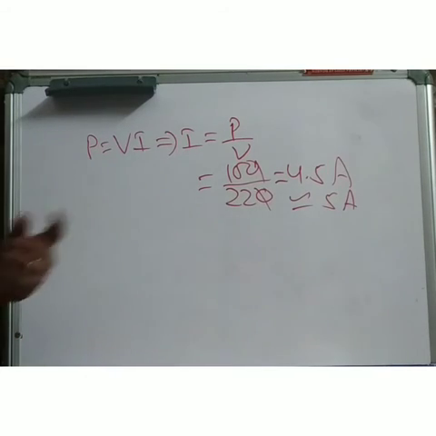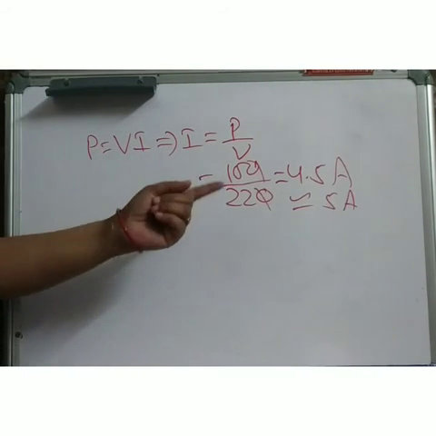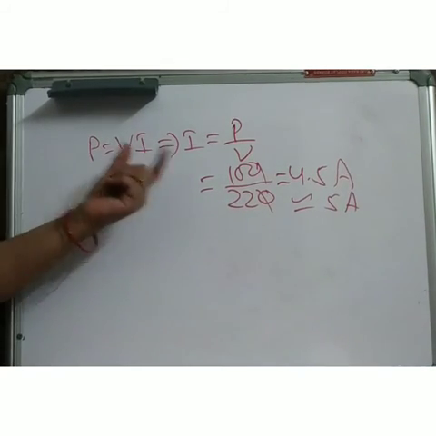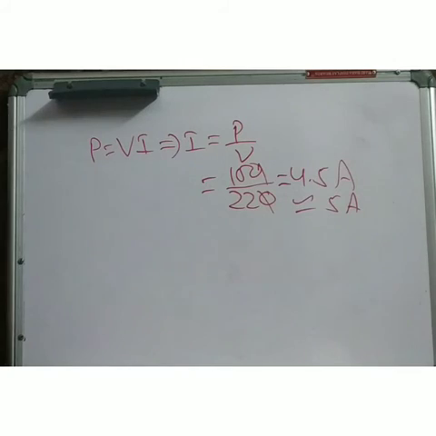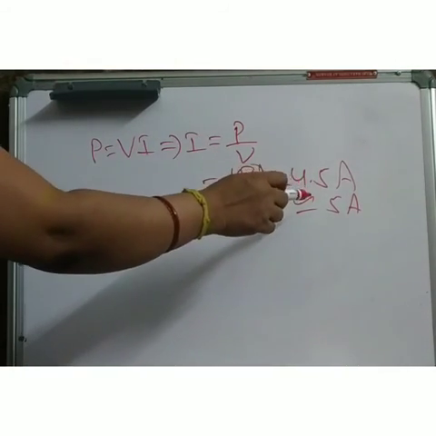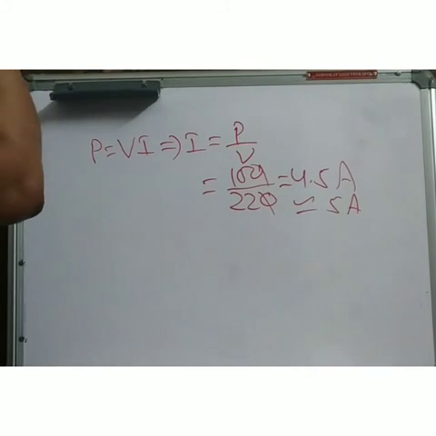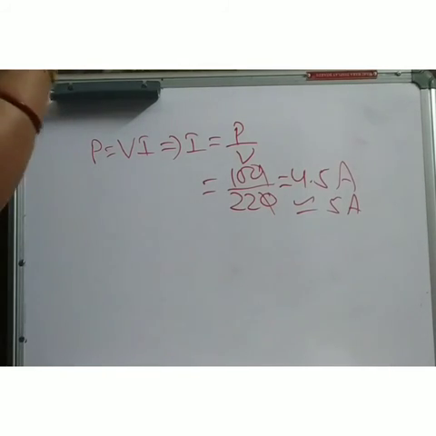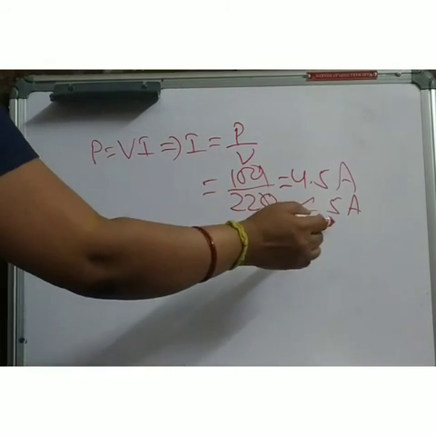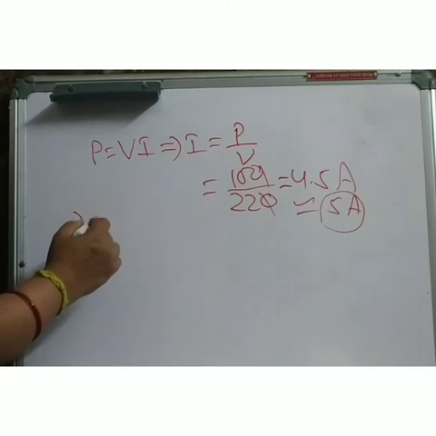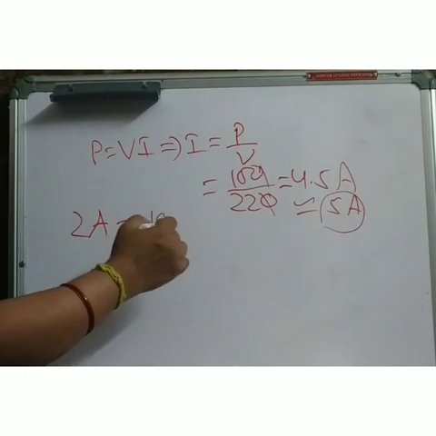What is this current value? This is the maximum current that the bulb can withstand. If more current than this is supplied, the bulb will be fused. Fused means the wire will melt. So you will use a fuse having a rating more than 5 ampere. Usually the fuses we use range from 2 ampere to about 10 ampere.